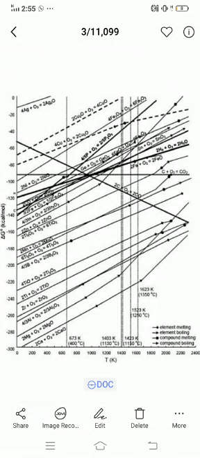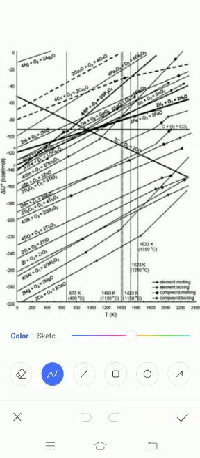Only for carbon monoxide is the line in the downward direction, and for the formation of carbon dioxide it is parallel to the x-axis, that is temperature.